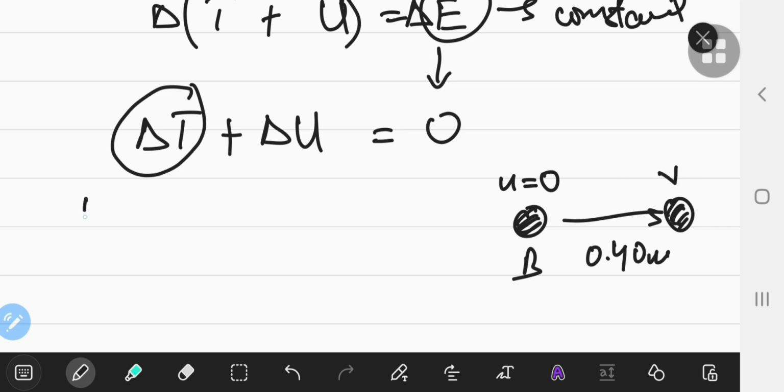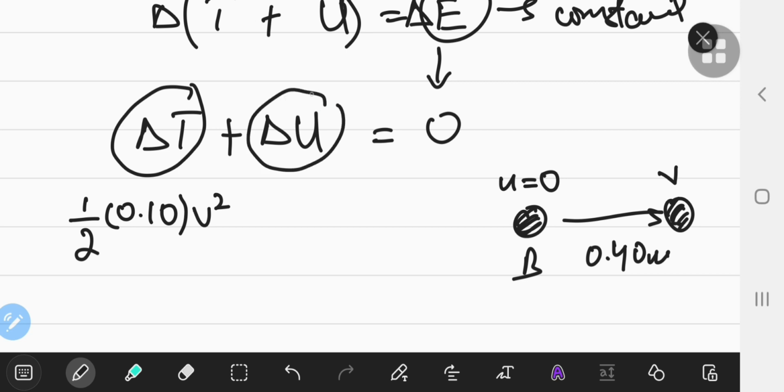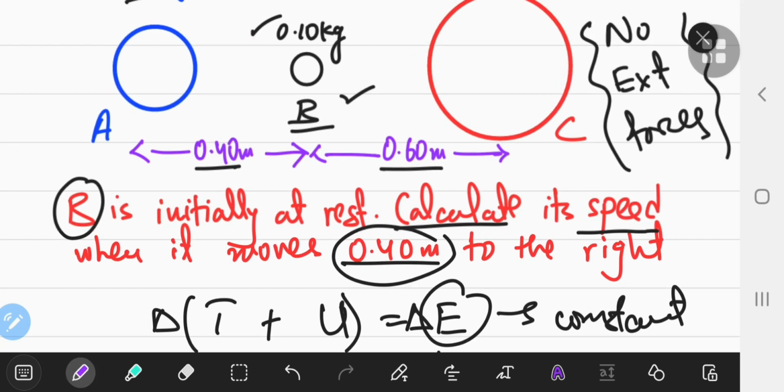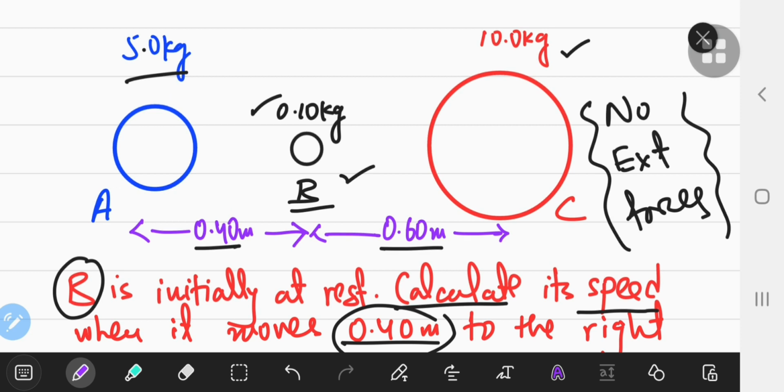So the change in kinetic energy is going to be 1/2 of m, and m was 0.10 times v squared, where v is the unknown, and the initial kinetic energy was 0. So now all that's left is to figure out the change in its gravitational potential energy. Now let's talk about its placement in the gravitational fields of the masses A and C.